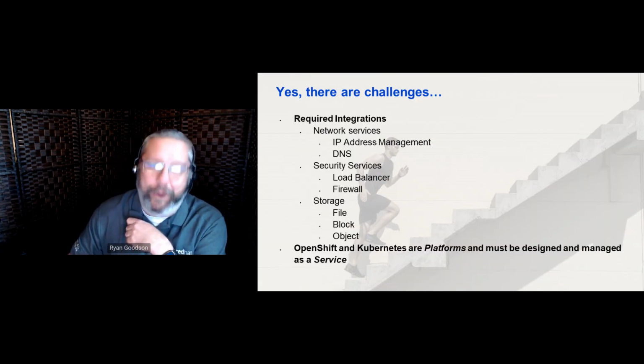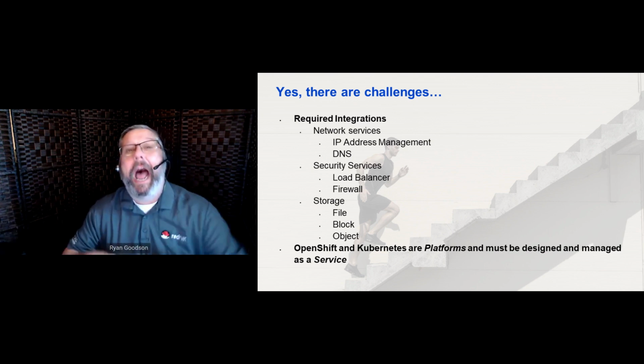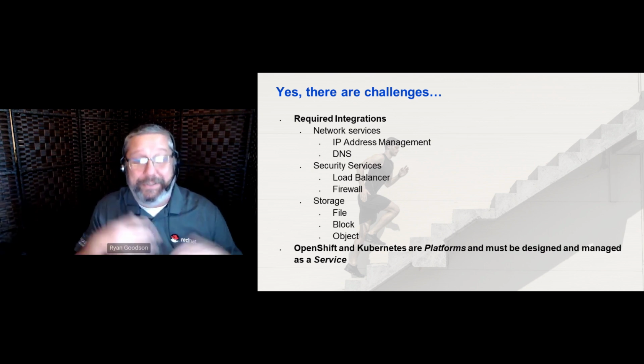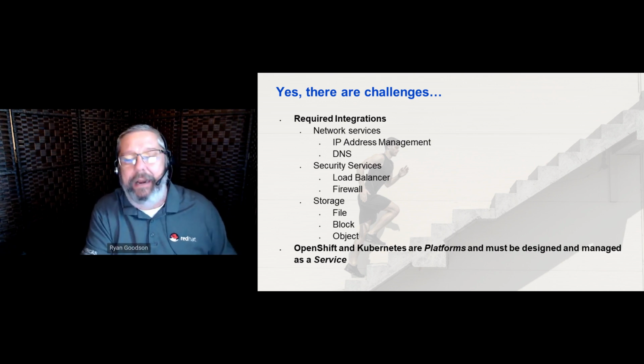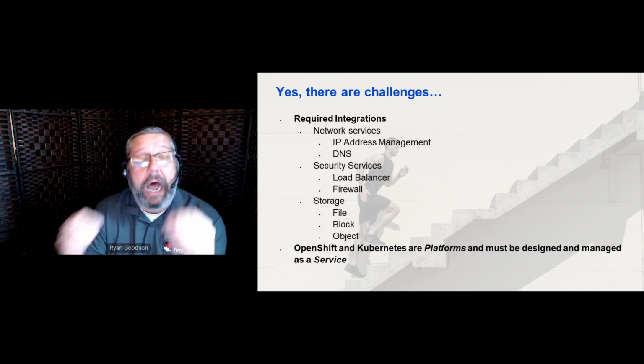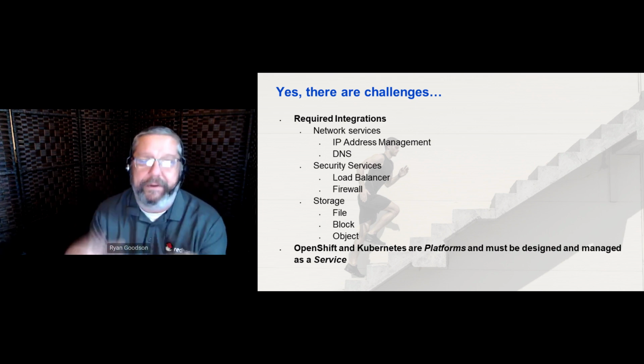However, there are challenges. Most environments today, and especially all of the ones that I've dealt with, which is mostly on the financial services side, is that everybody is very, very siloed.